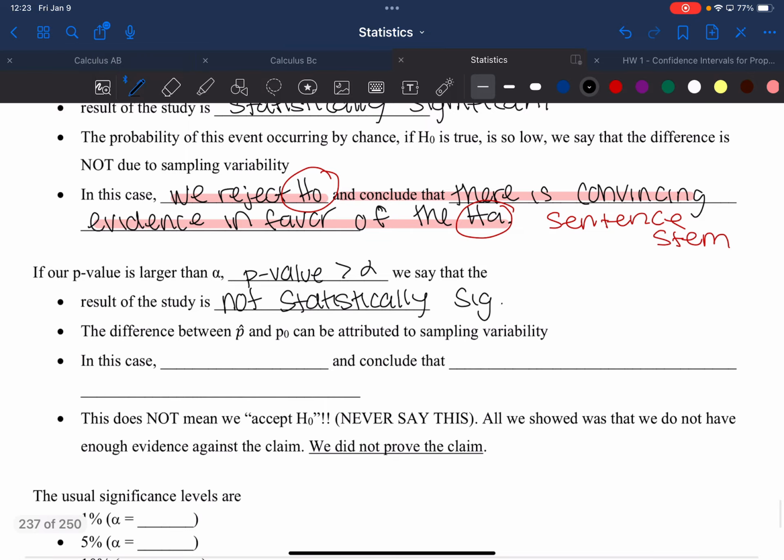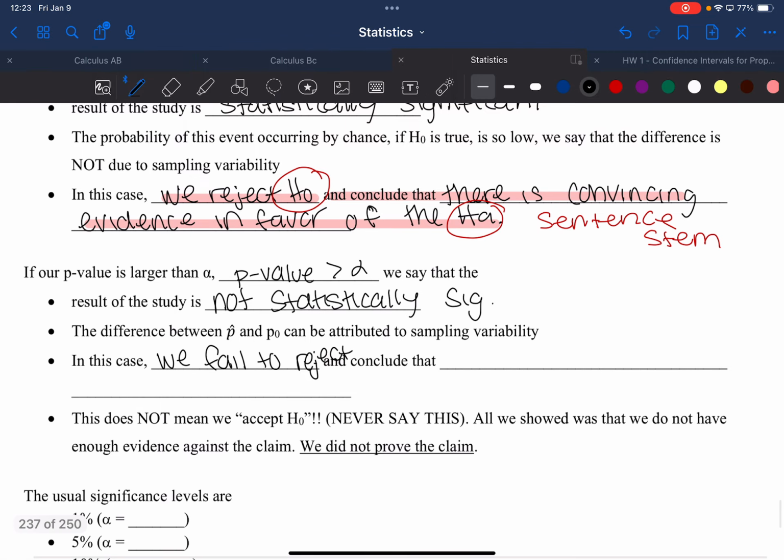And so we're going to write our next sentence stem. In this case, we say we fail to reject the null hypothesis. Notice we do not say we accept the null hypothesis, even though this one's opposite.